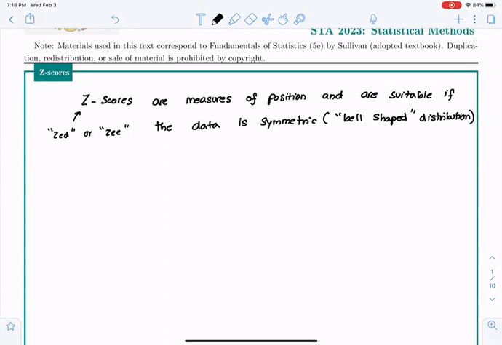If it doesn't, then z-scores aren't very useful.